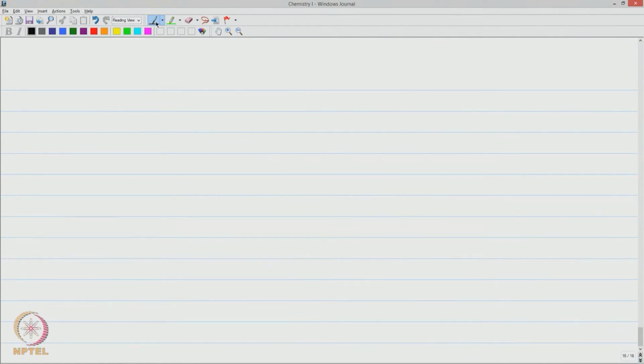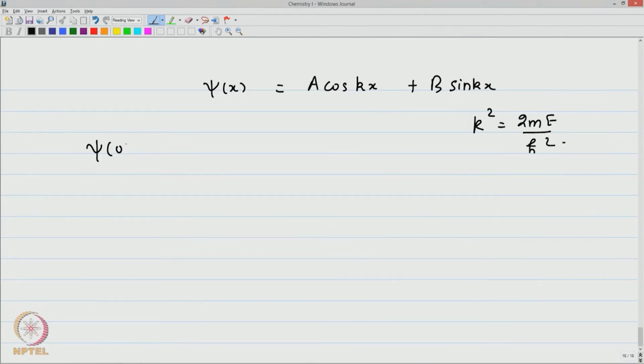Interesting. Remember, the wave function that we solved for is psi of x equal to a cos k x plus b sin k x, where k square is 2 m E by h bar square. And then we used the boundary conditions psi of 0 is 0 and psi of L is 0 earlier.